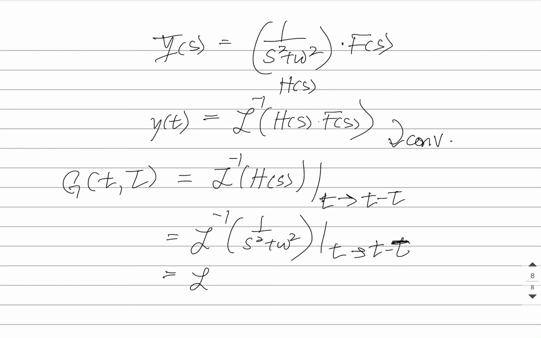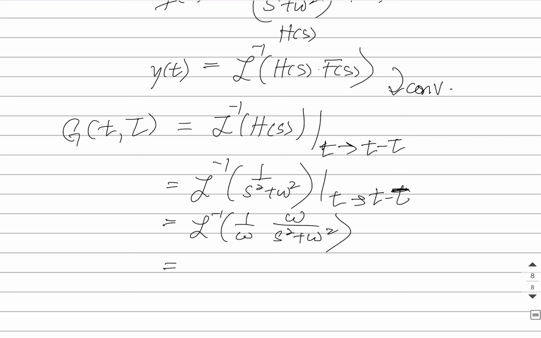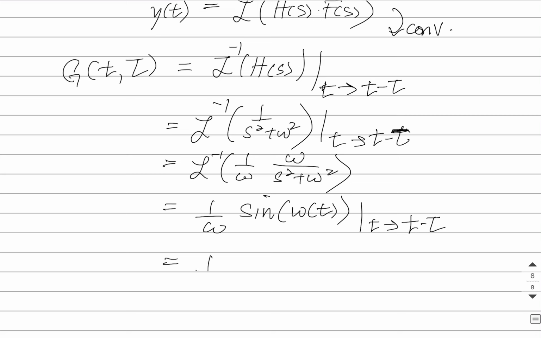So I'm going to have 1 over omega times omega over s squared plus omega squared. And that's going to give me 1 over omega sine of omega t, where the t has been shifted to t minus tau. And very, very quickly, I am done.